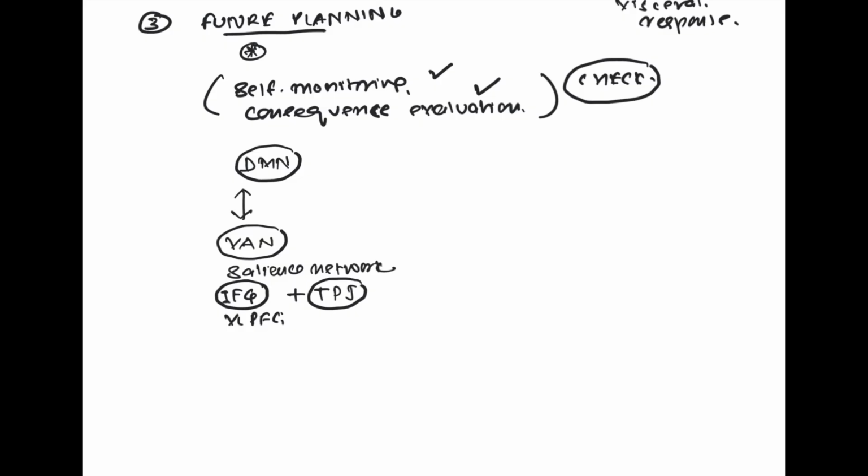The function of the ventral attention network is to pick up a distractor or distracting stimuli in the environment, which has some behavioral significance. So whenever there's a distractor, the ventral attention network will be recruited.